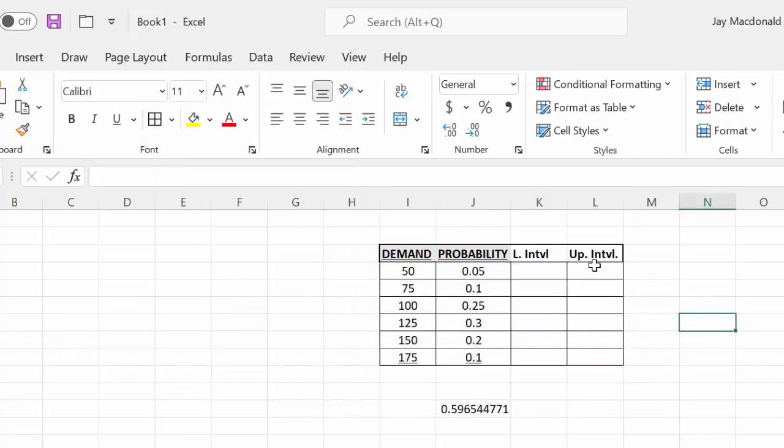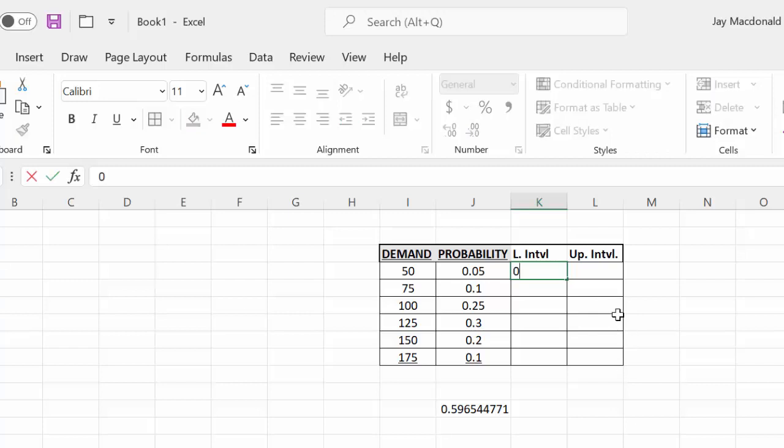Okay, so what we want to do is, the start of our lower interval starts at 0 and it goes all the way to 1, which captures anything that the random variable is going to be, and it's going to look it up within that area. So we would start off at 0. Okay, and the upper interval is going to be the lower interval plus this probability.